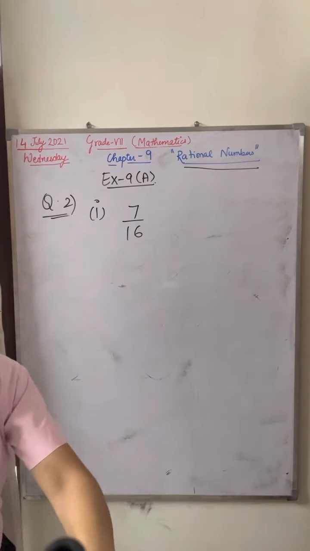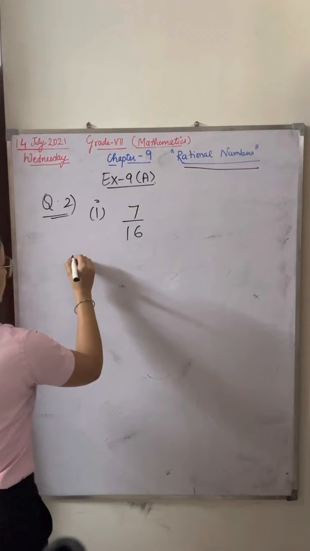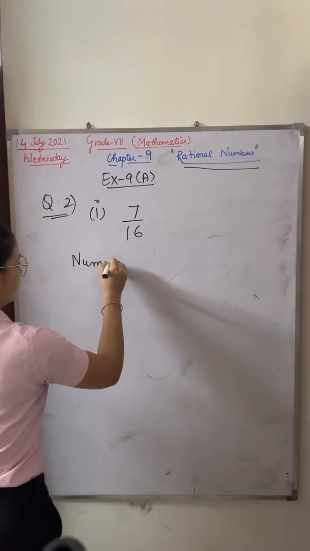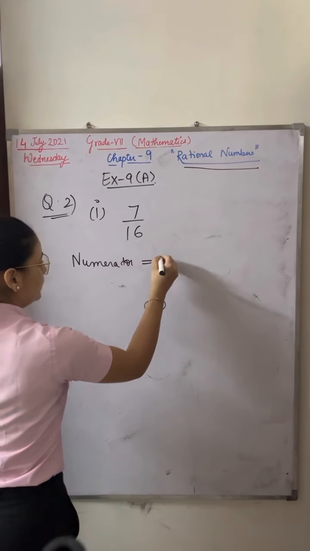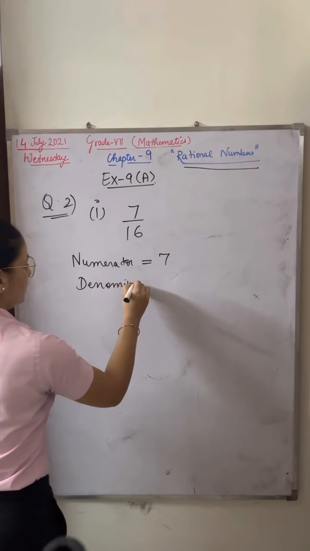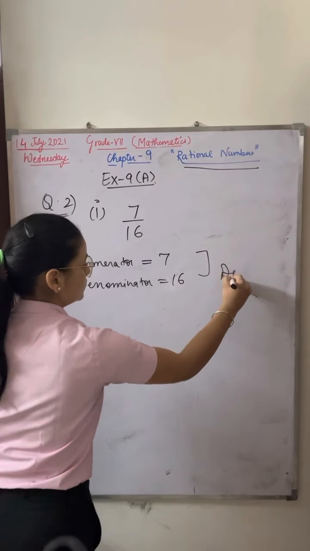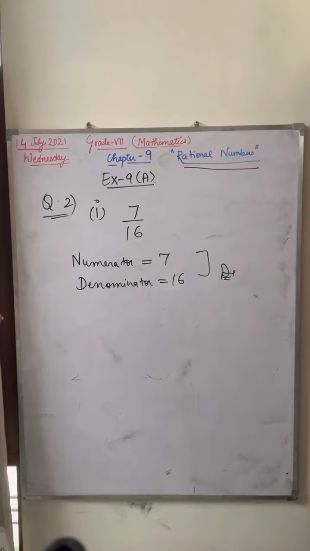I'm doing the first part. Numerator is 7 and denominator is 60. This is your answer.